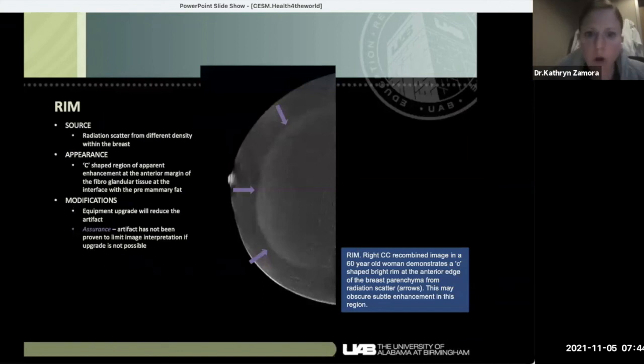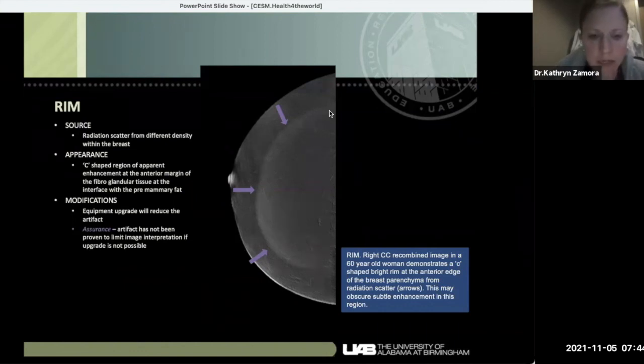And lastly is that rim artifact, which we saw in that case of DCIS a little bit earlier. This is from the radiation scatter from the different density within the breast. Here it has a C-shaped appearance on the CC view.